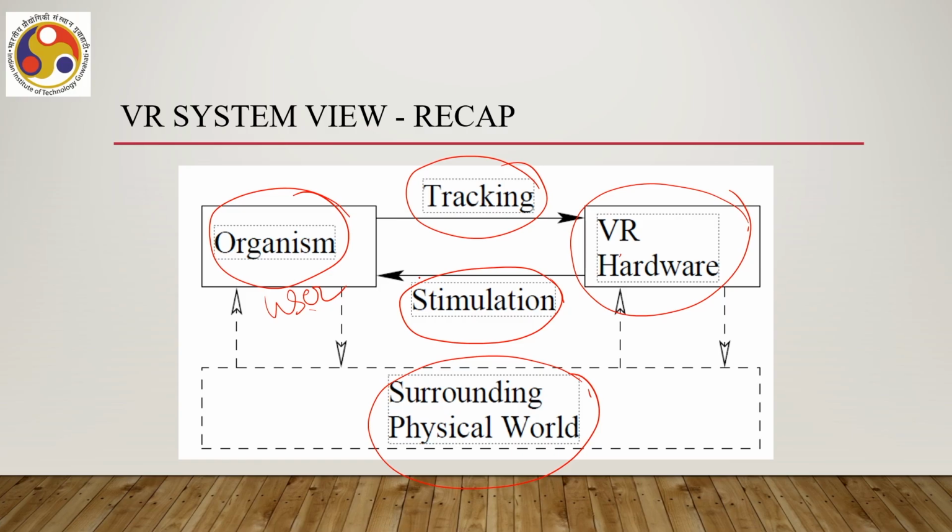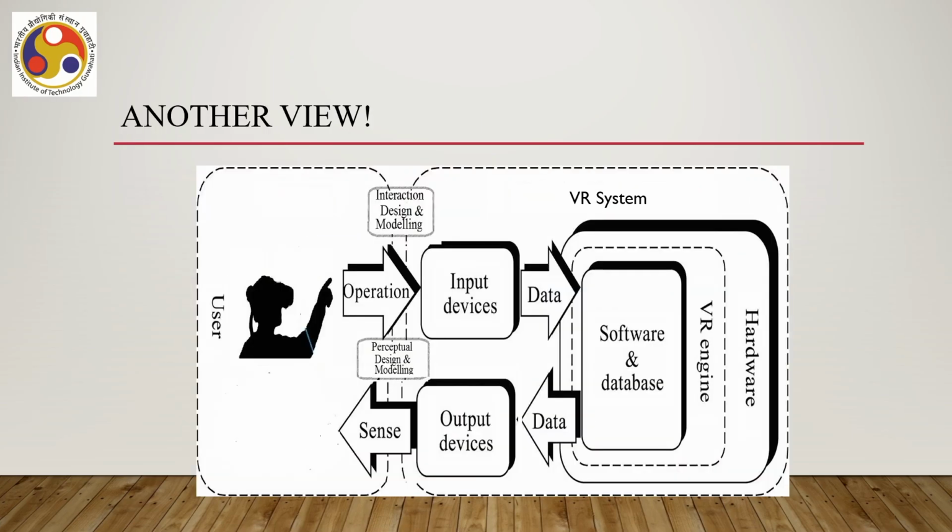If we have a look at the data flow schematically, we get an illustration like this, where at one end we have the user and at the other end we have the hardware. The user makes use of the input devices. Some operation takes place between the user and the input devices, which generates some data that is sent to the VR system.